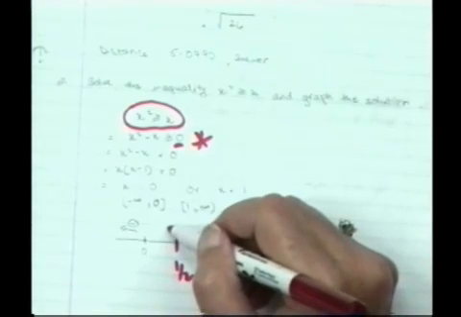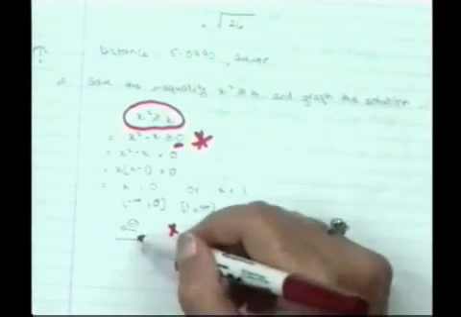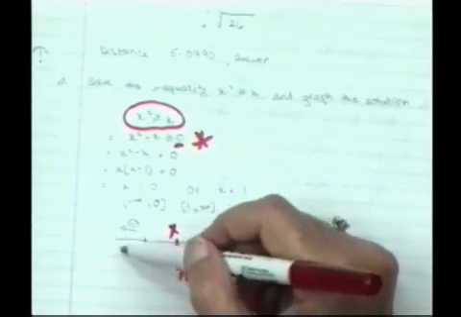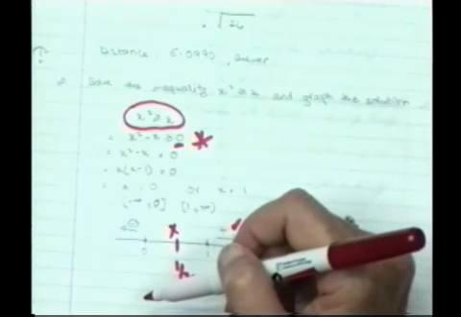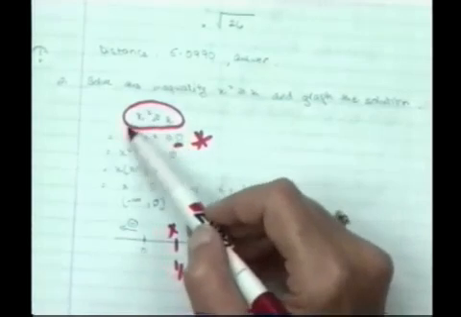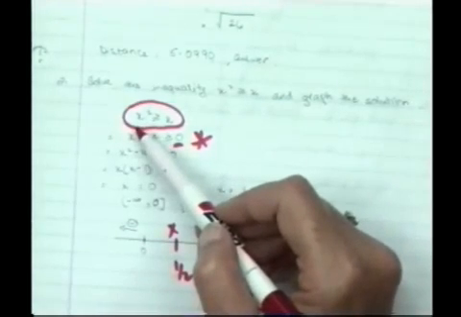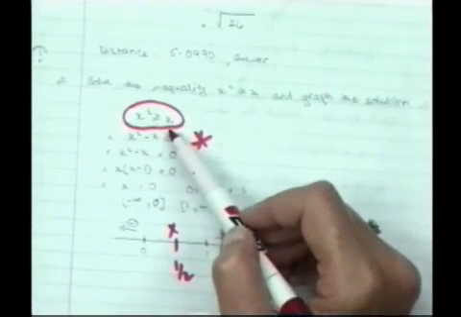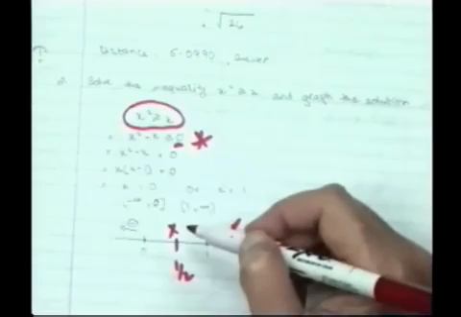So that is not true. So between 0 and 1 is not going to work. And if you pick a number less than 0, such as negative 25, if you square negative 25, you get positive 25. Positive 25 is greater than or equal to negative 5. That checks.